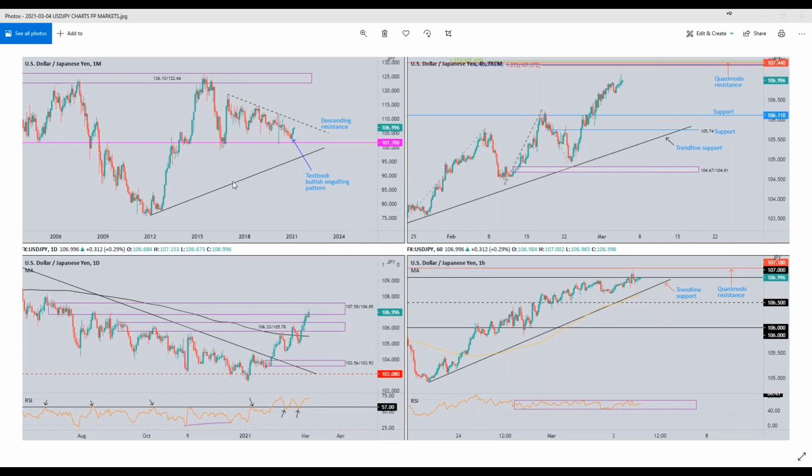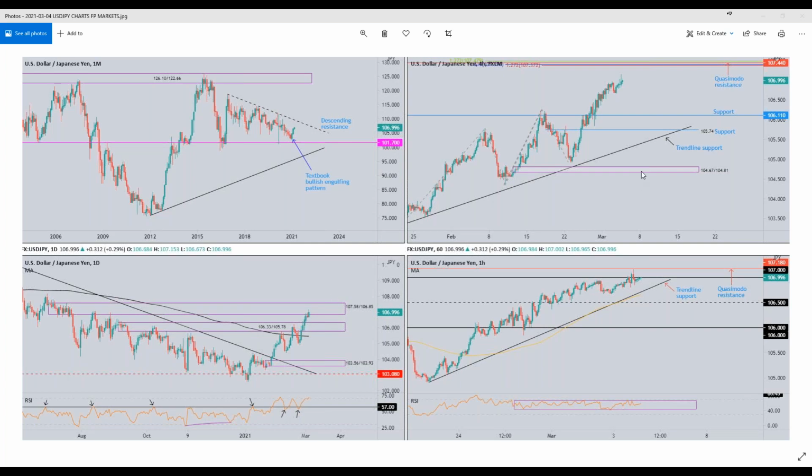On to the daily time frame, supply at 107.58, 106.85, a base that was welcomed at the beginning of the week, has so far proved ineffective, despite the shooting star candlestick pattern that formed a couple of days ago.